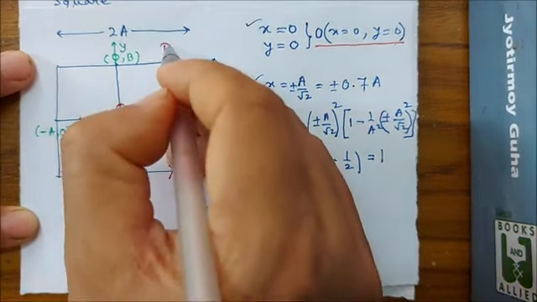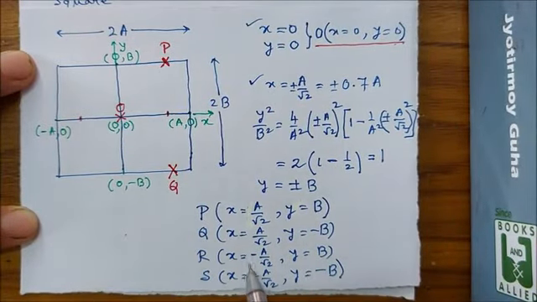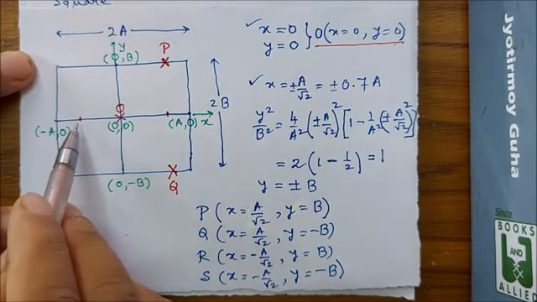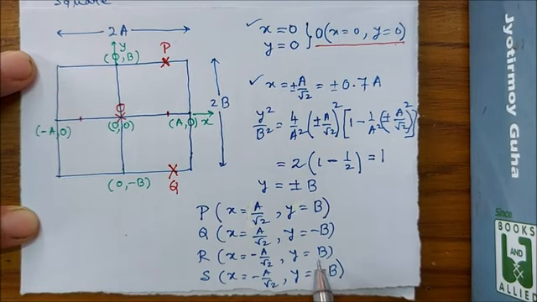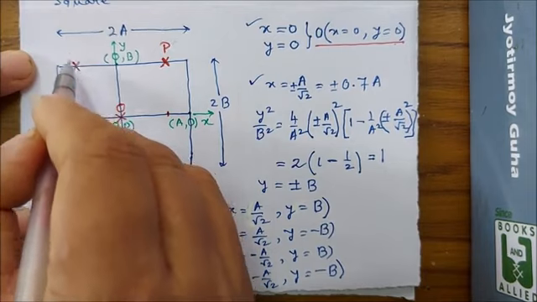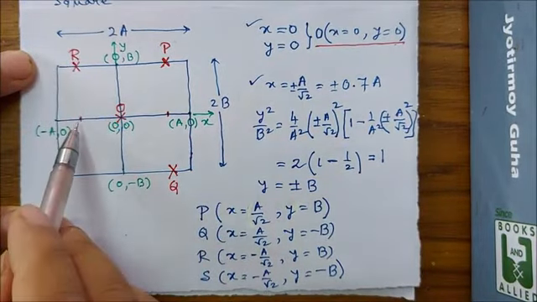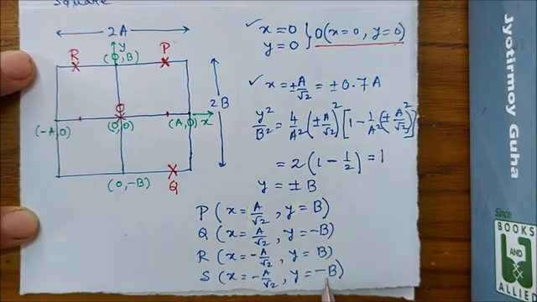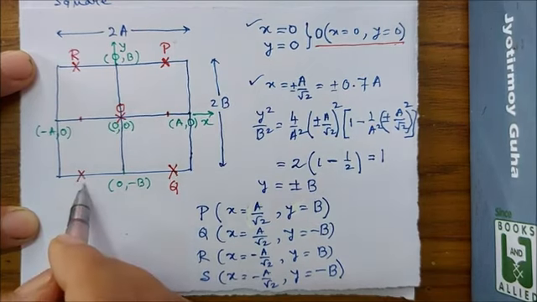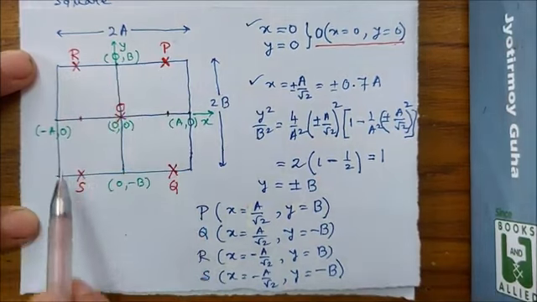And this is P point. This is Q point. And for x equal to minus a by root 2, we are here corresponding to y equal to b. That is R point. So we are here. And x equal to minus a by root 2, y equal to minus b is this point, which is S. So the pattern will be passing through these marked points.